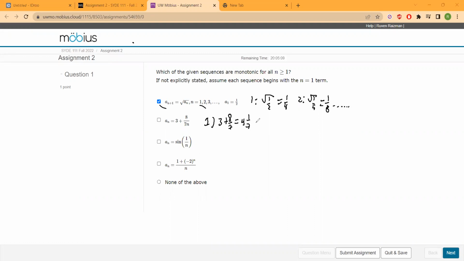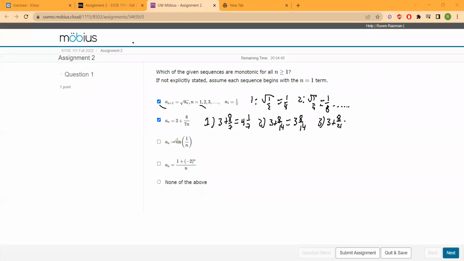The second term is going to be 3 plus 8/14, which is going to equal 3 and 8/14, which is smaller than our first term. Our third term is going to equal 3 plus 8/21. And again, that's going to be smaller than our second. So we can clearly see that this is also monotonic because it's always decreasing.